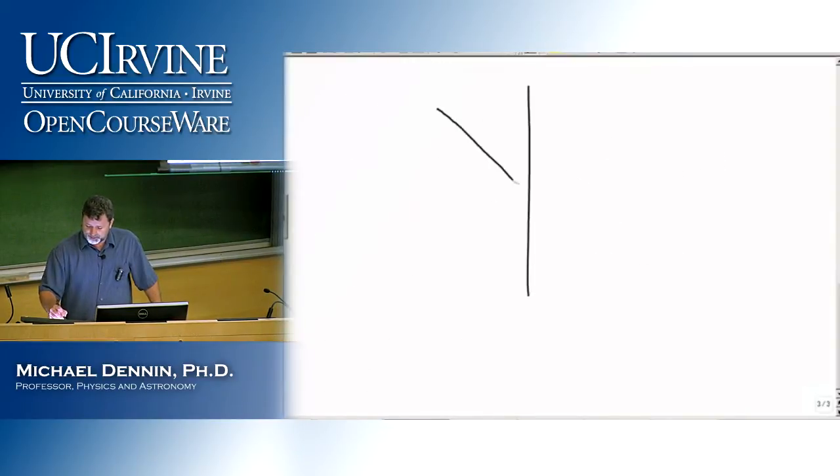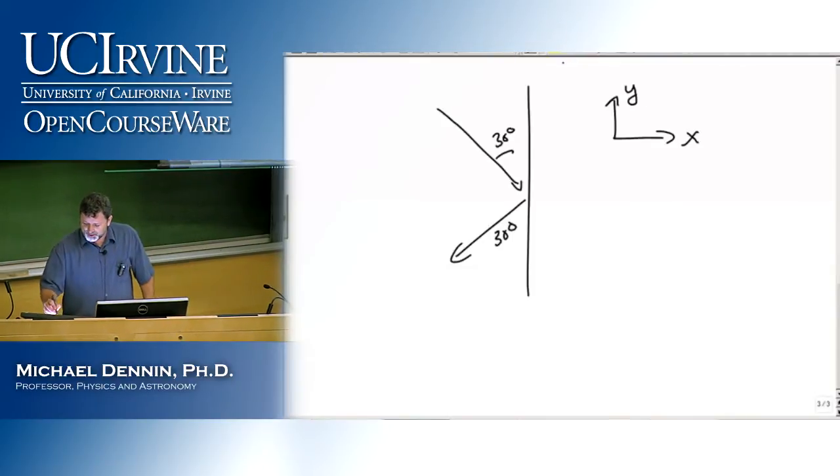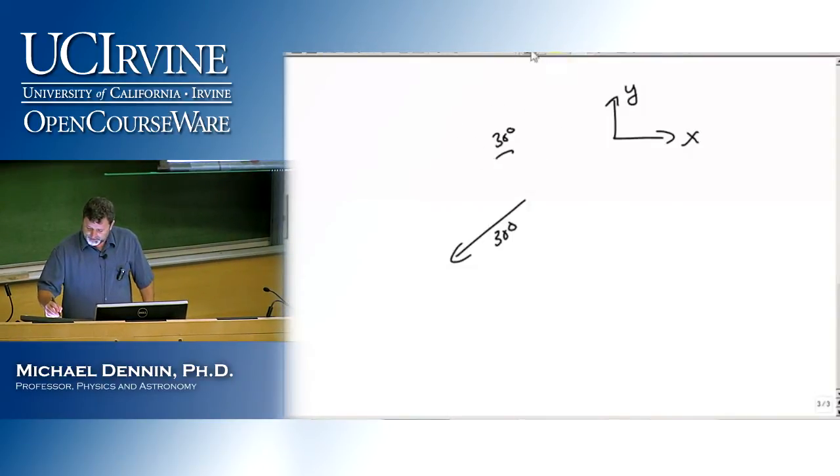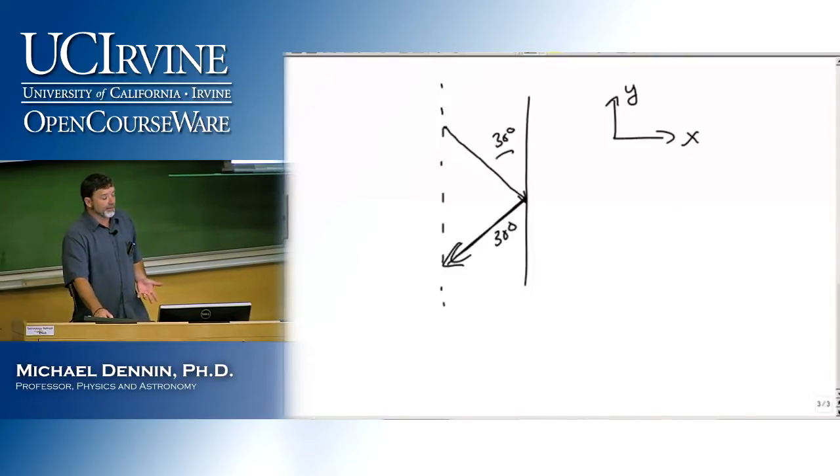So in fact, this problem is a little bit easier to do if I actually pick this coordinate system. Now, I didn't draw this very well because they both have the same speed and they're at the same angle, so they have the same length, right?